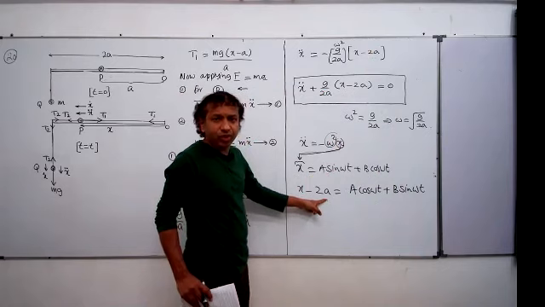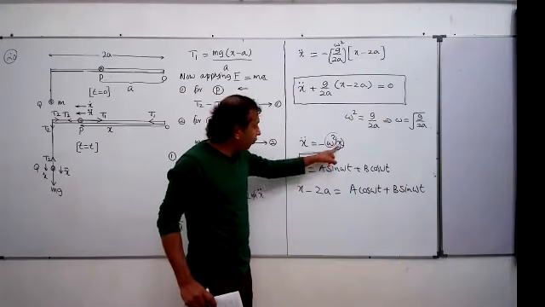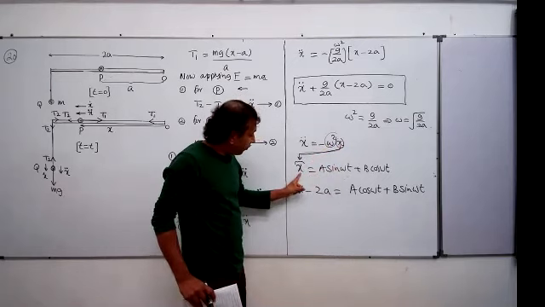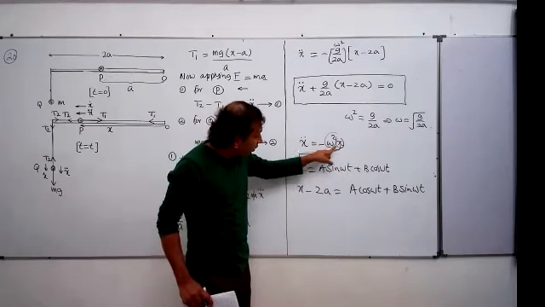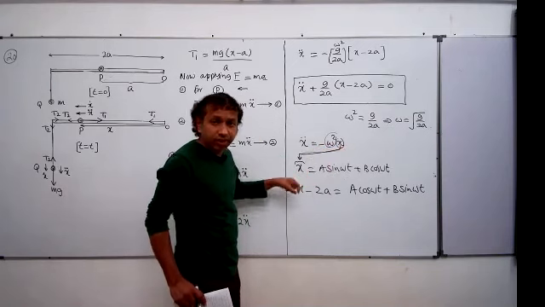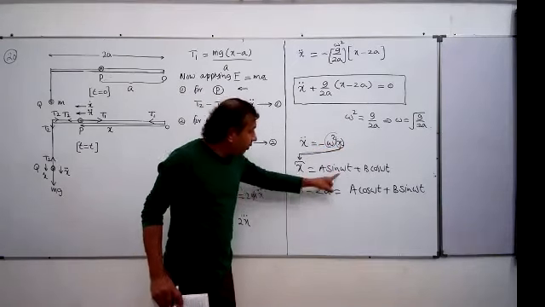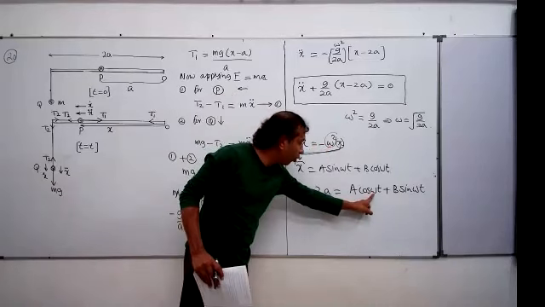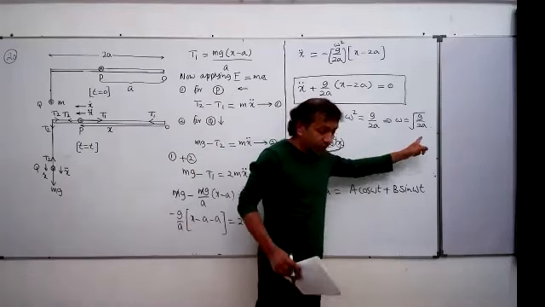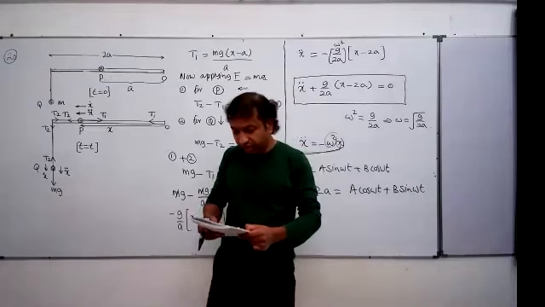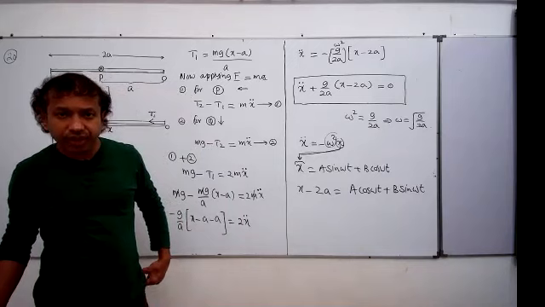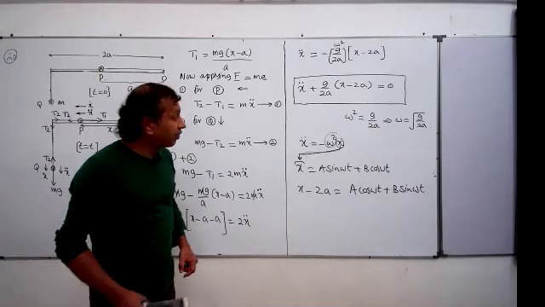We expect this kind of solution. Why? We have proved that for this kind of characteristic equation, this kind of solution we can write. This left hand side is what we get soon after the constant. Here this omega, and here also we have omega. That should be this, which is also given in the question: omega is root of g upon 2a. Then it is much easier. Now we'll see, people, what happens after this.